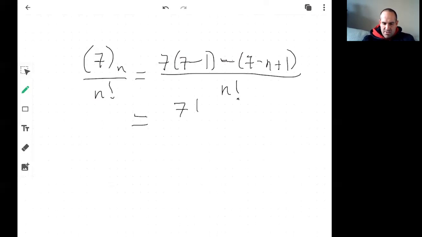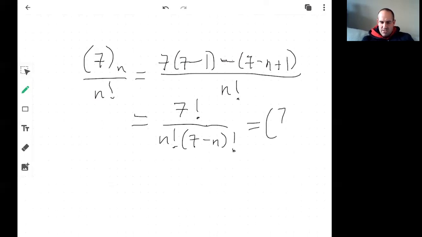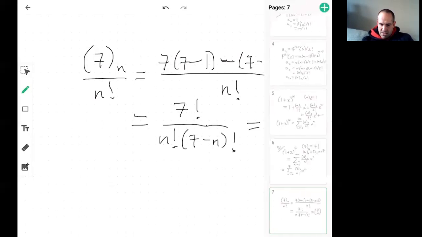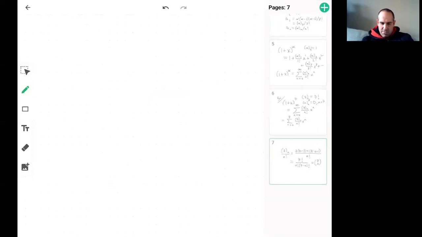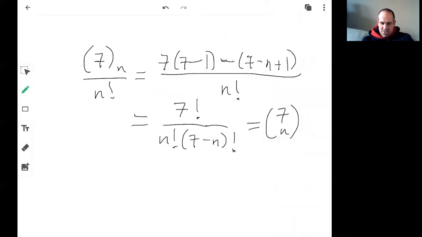Then this would be 7 factorial over n factorial times (7 minus n) factorial, which is 7 choose n. Looking back at the previous page, we just found out that this is 7 choose n.